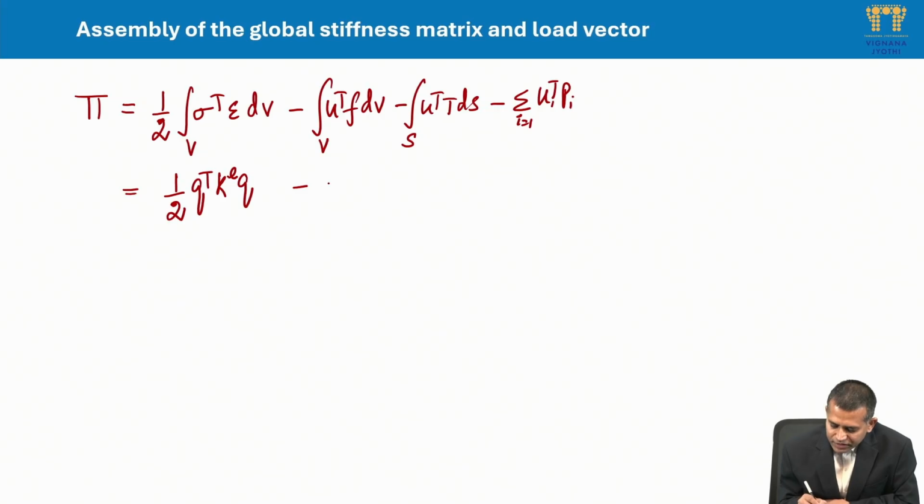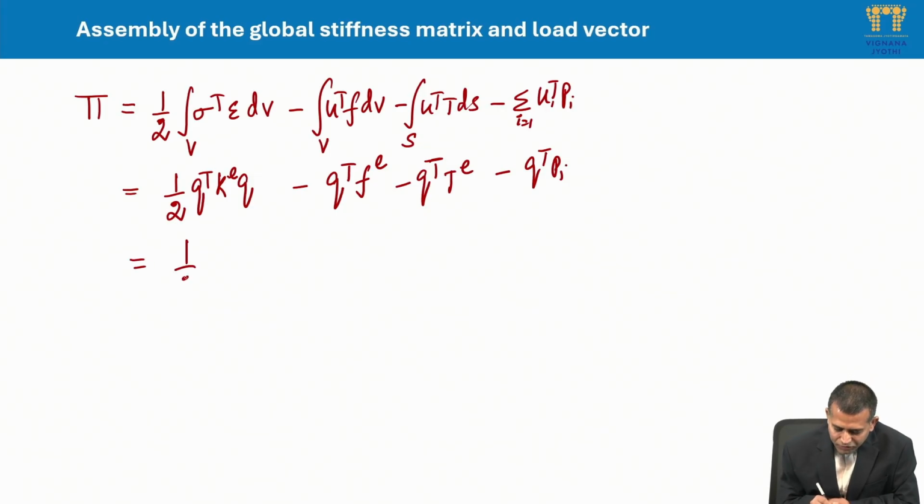And here we got these expressions as Q transpose Fe for body force, Q transpose Te for traction, and Q transpose into your point loads.